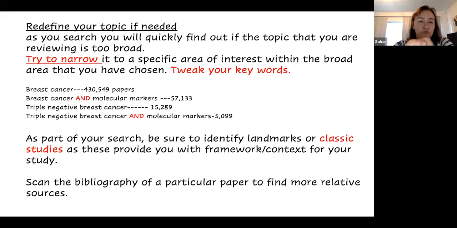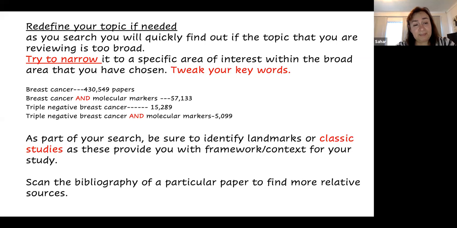You can see it went down to 57,000, and then if you write triple negative breast cancer and molecular markers, the search will go down further, until you reach a number that you can scan through or browse. So you can be very sure that the number of papers gets less and less the more specific keywords you add.